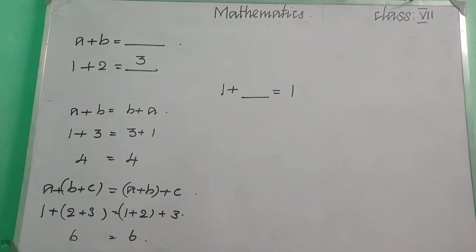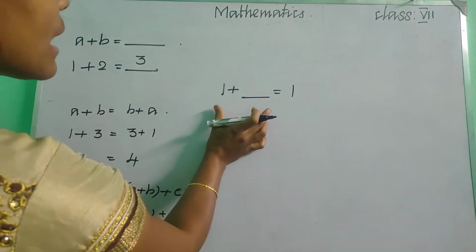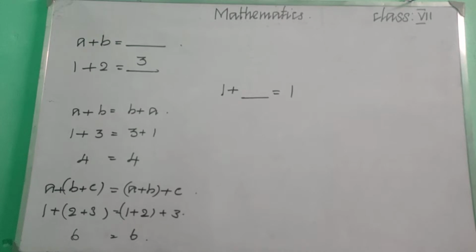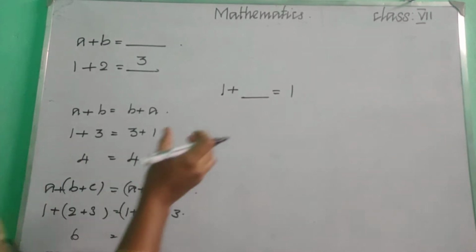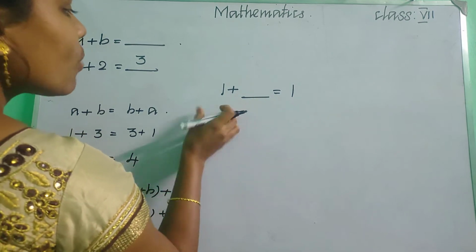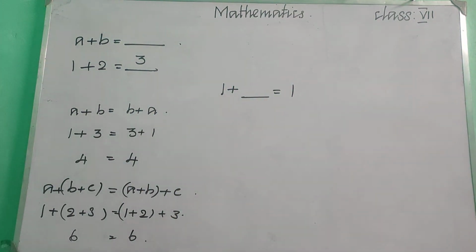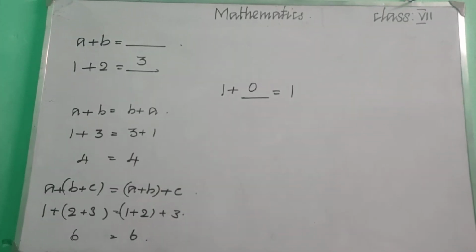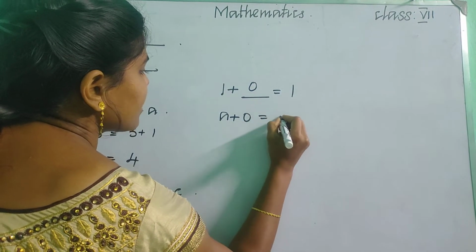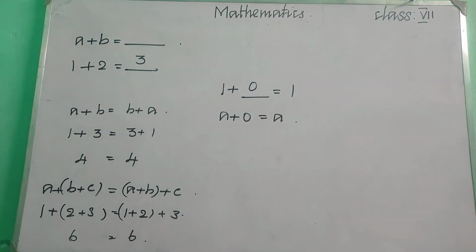So we need to find what will be added with this 1 to get the same one. So what will you add with this 1 to get the same one? You will add 0, right? So this is called additive identity. Okay, additive identity means simply A plus 0. Okay, A plus 0 equals A. That is called additive identity.